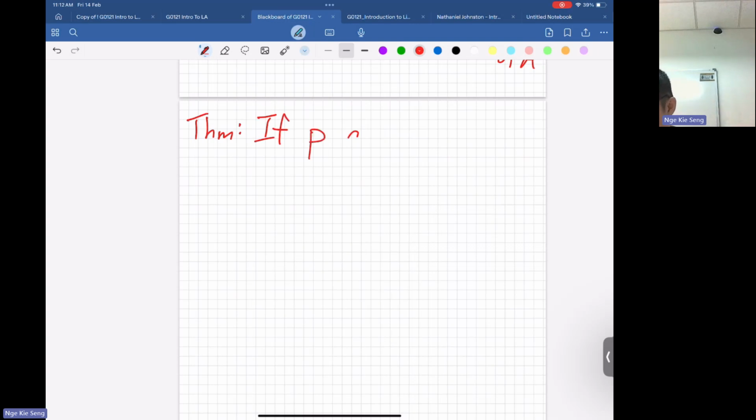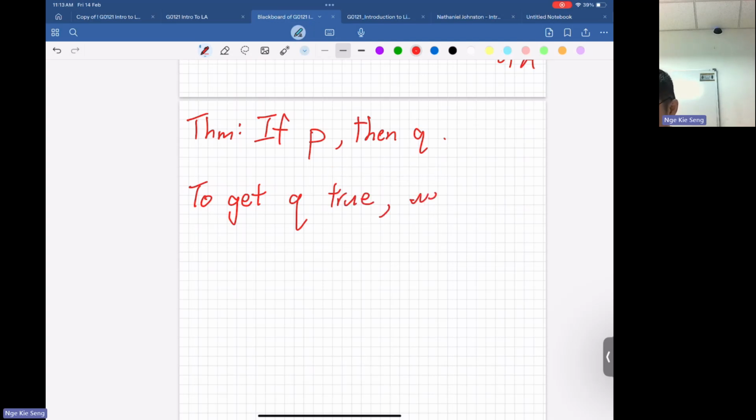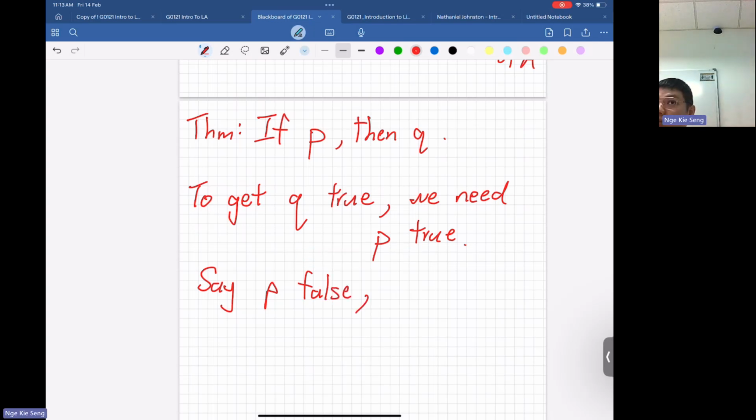So let's say if P then Q. To get Q true, we need P true. Let's say P is false. Can you say anything about Q or not? Cannot. This statement says nothing.